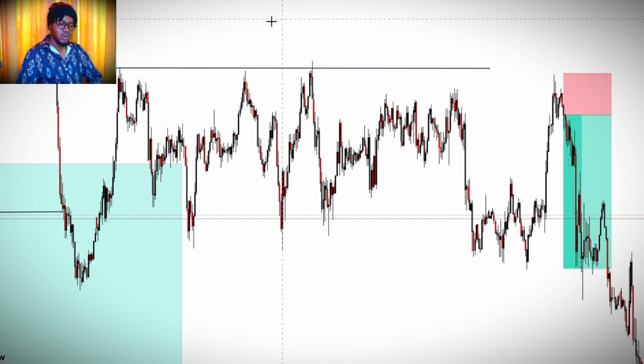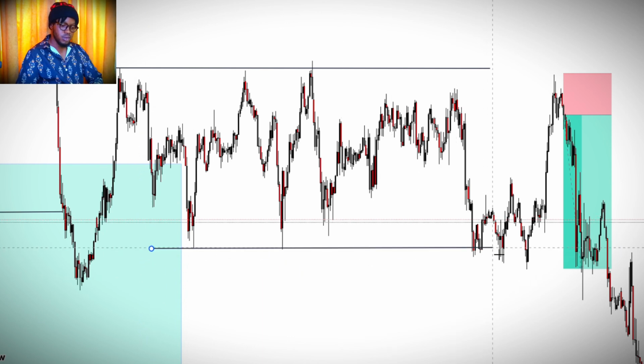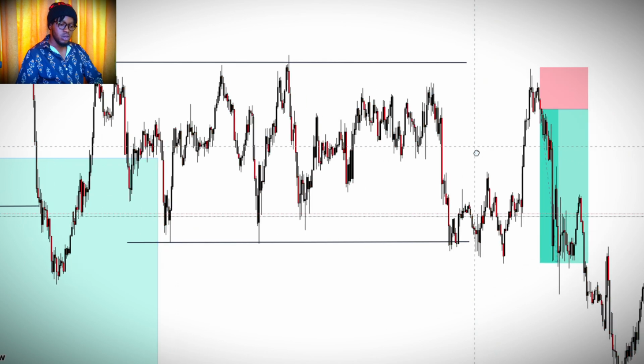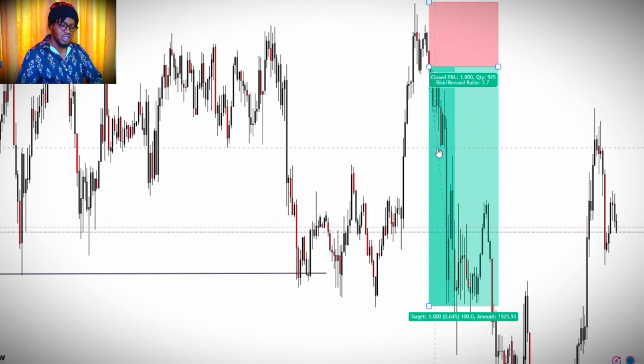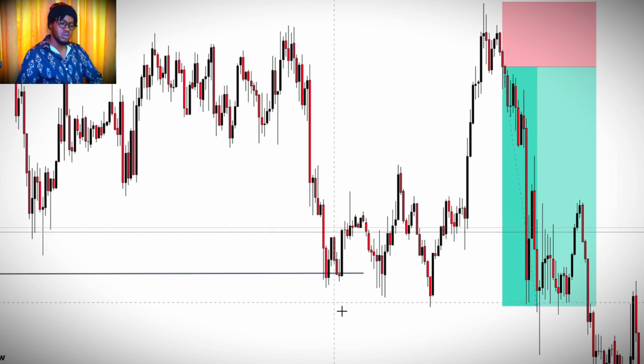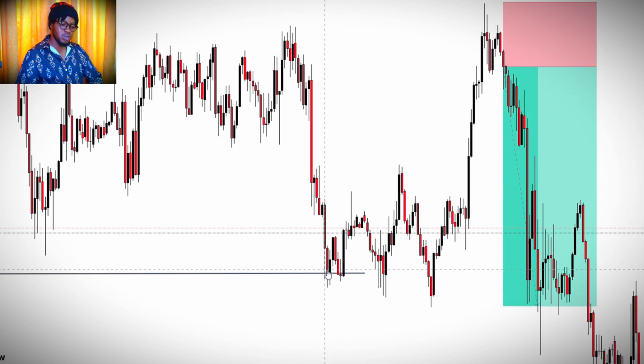I was waiting to see a candlestick close below that consolidation, like this. So this was the consolidation, and you can see clearly this huge bearish move here, and a candlestick closed below that consolidation.